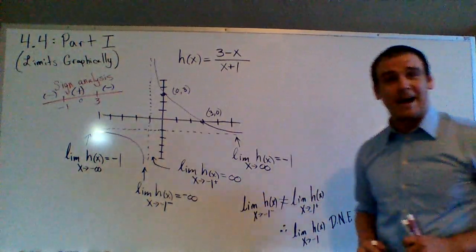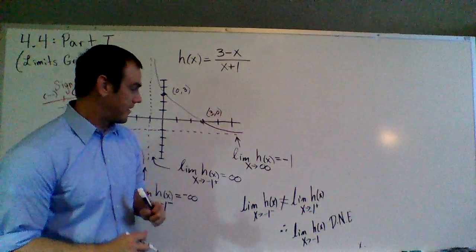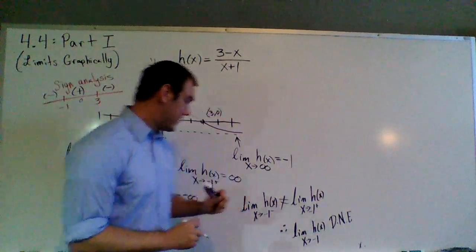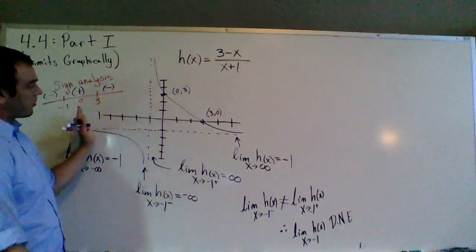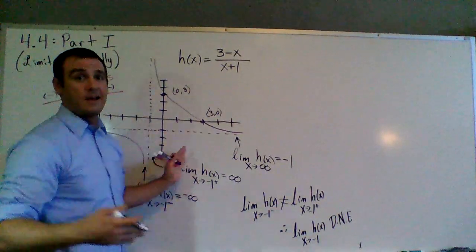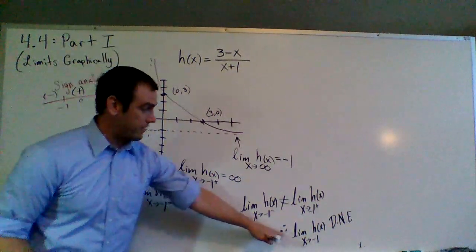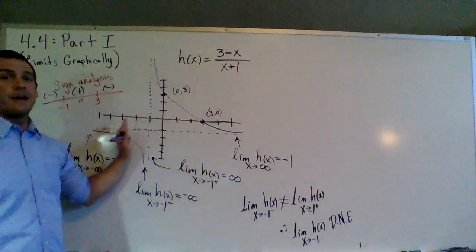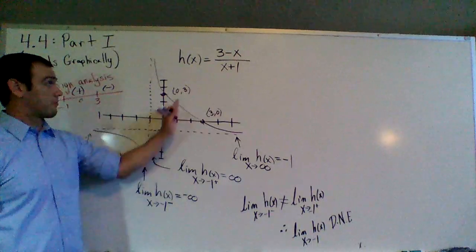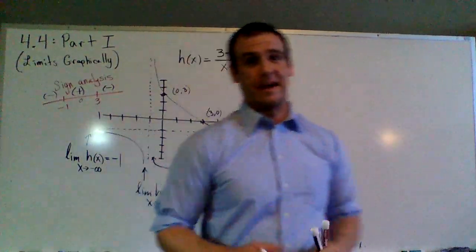The limit does not exist. Guys, if you're approaching a value from the left and a different value from the right side, then our limit as x is approaching that number does not exist. Now our left-hand limit still exists, our right-hand limit still exists, but the limit at that point does not exist.